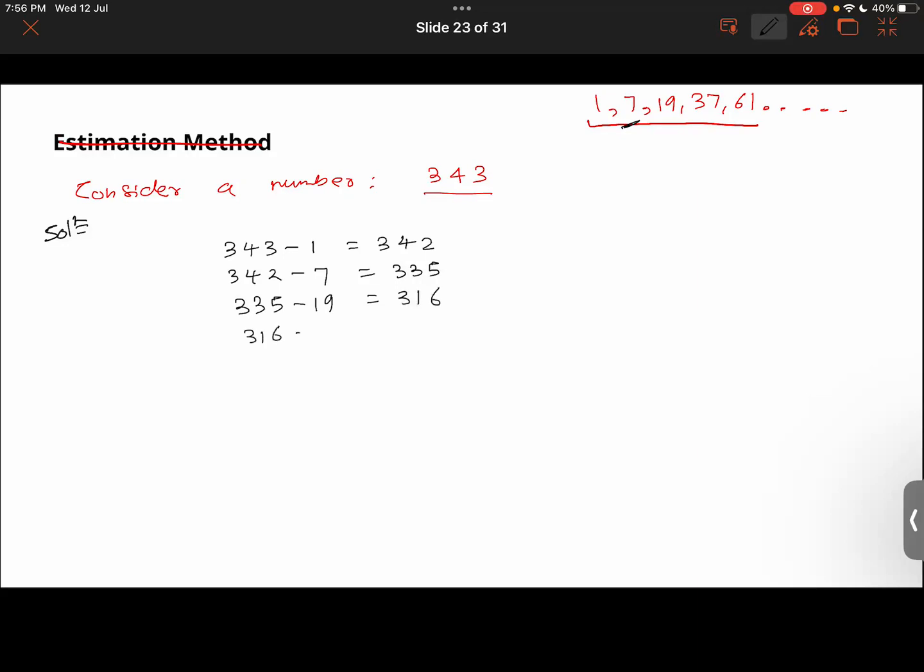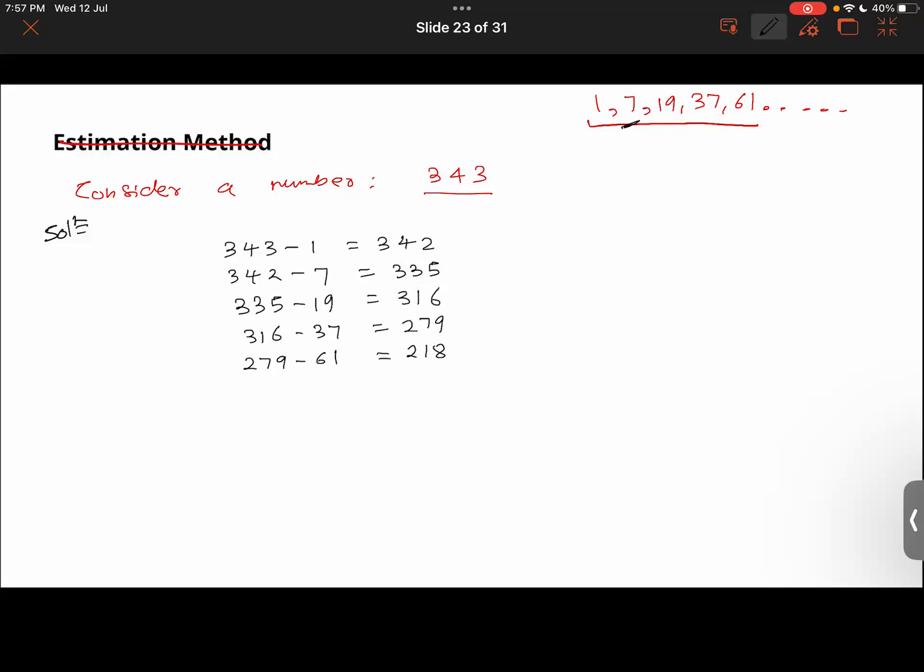Now keep on subtracting. Then you have to subtract 37. That will give you how much? 279, isn't it? After 37, 279 minus 61. That will give you how much?